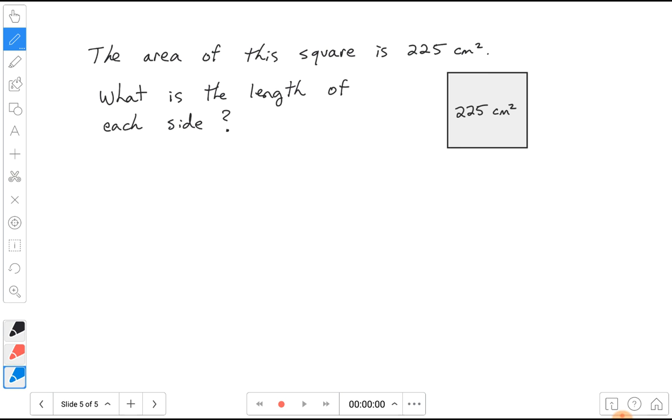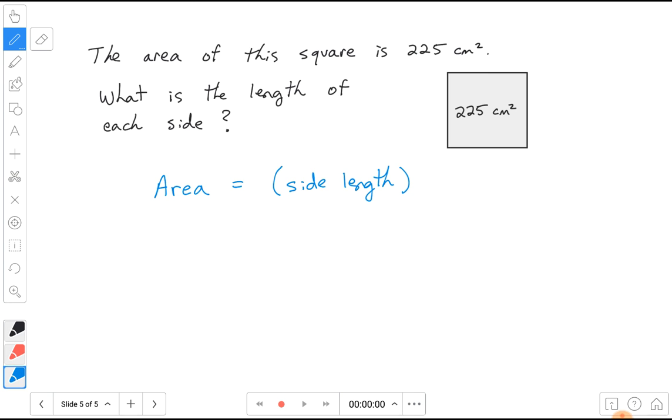Okay, so to do that, it would be helpful if we knew what the formula for area is. We can write this out using words. Area equals the side length times the other side length.